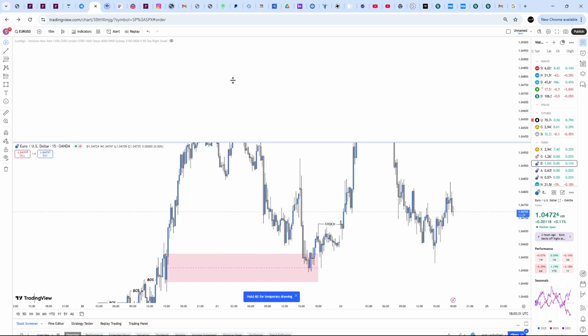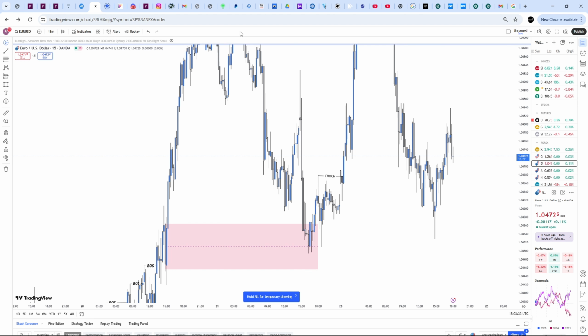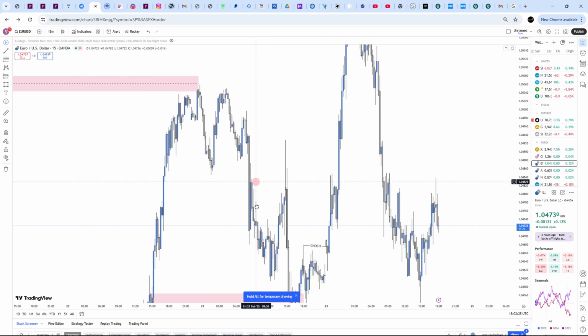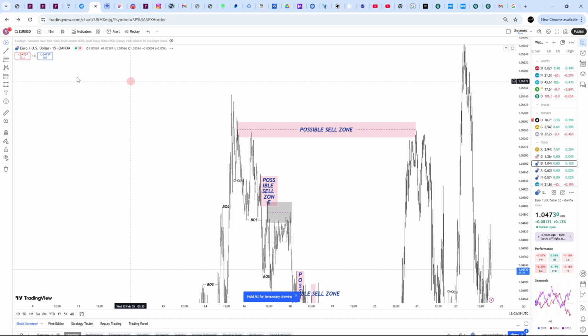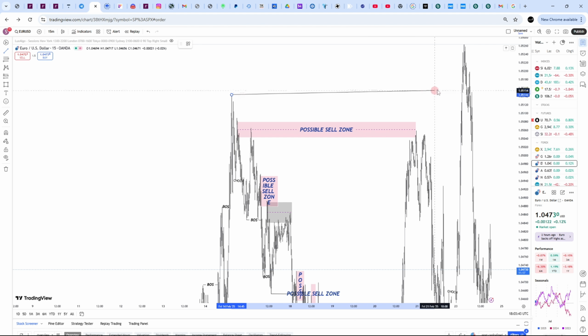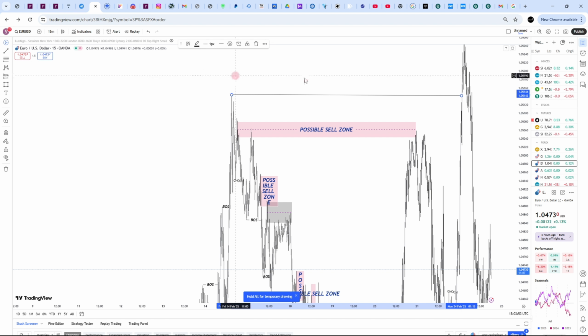It broke the last high, which was this. Why? Because the market had always been in an uptrend. So that's why the market had to break this high and then create a higher high.